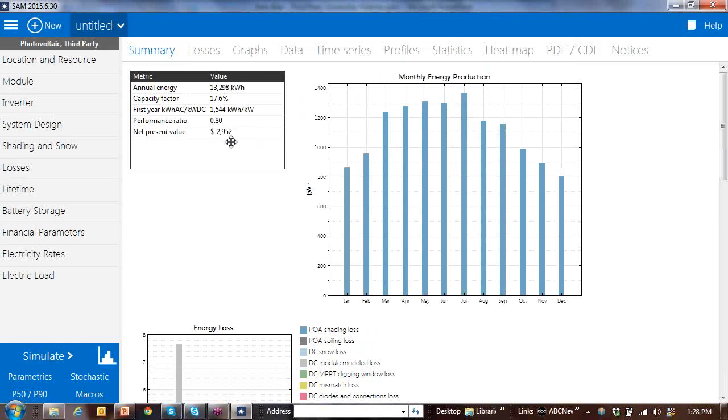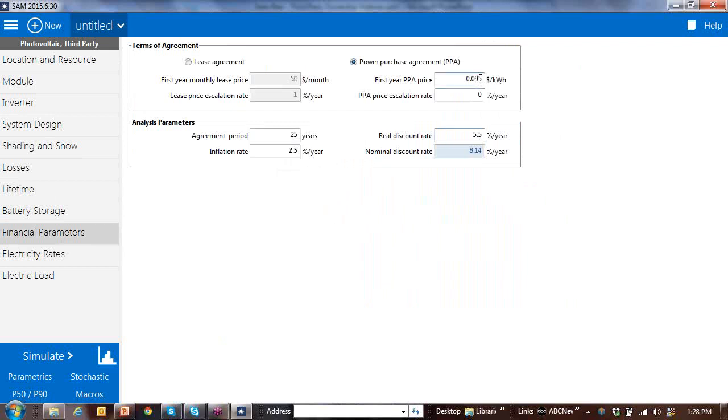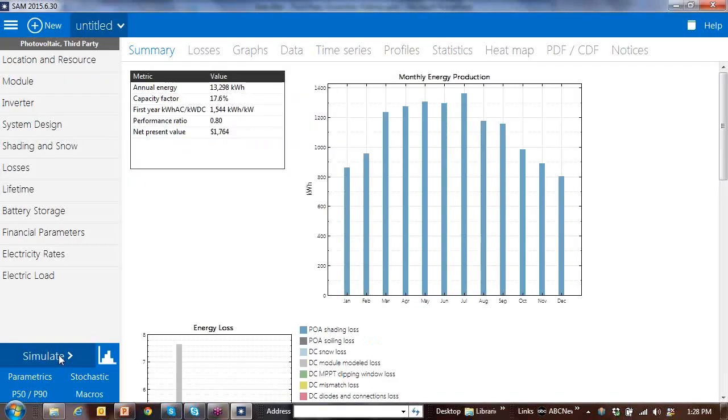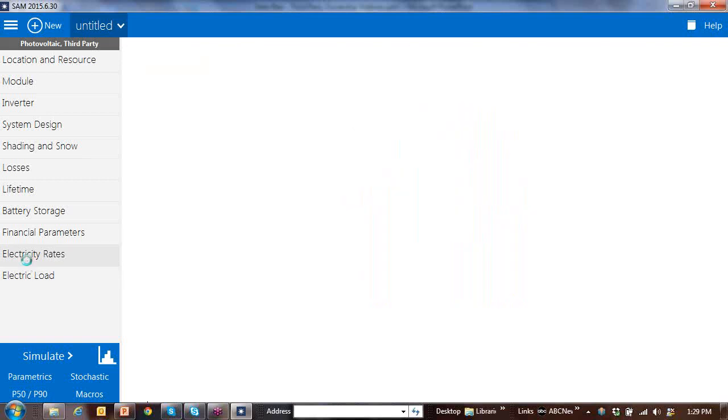Simulate again. Still negative, but less so. And then if we combine those two changes and we go with 6 cents PPA price and 0, we get to a positive value. So we anticipate that analysts perhaps would not do this by hand, but through SAM scripting, you could look at a variety of changes and value recommendations.